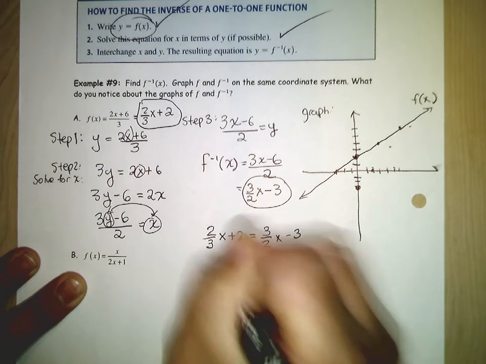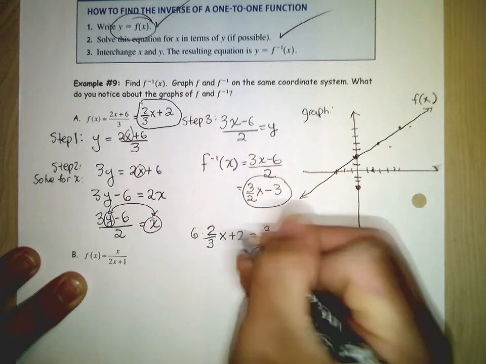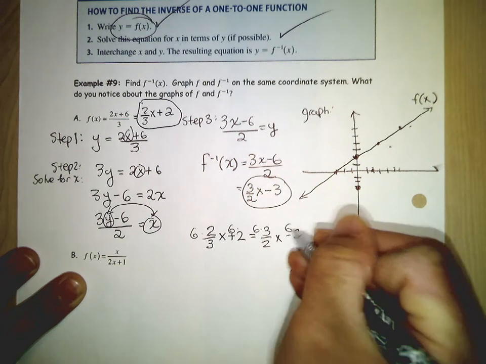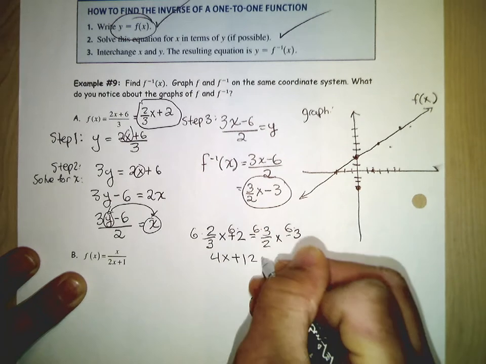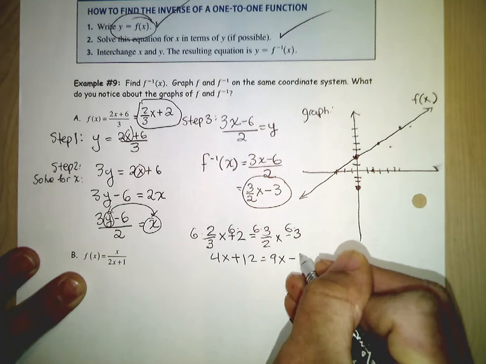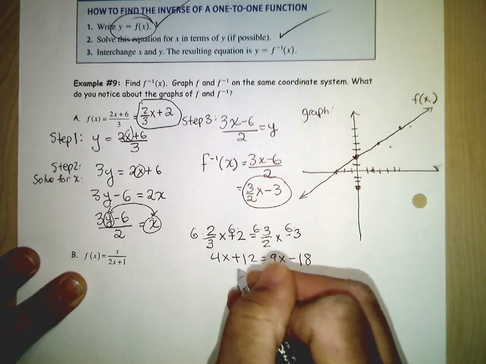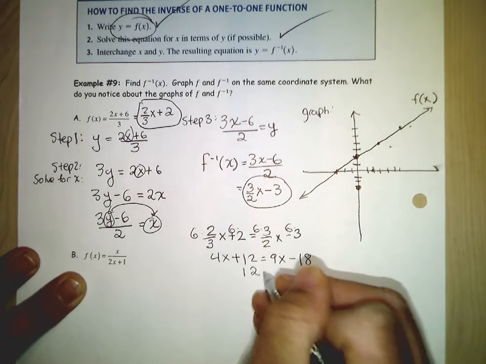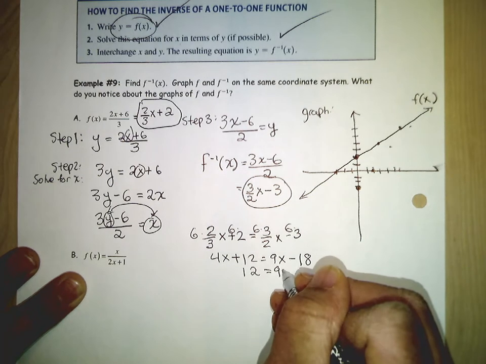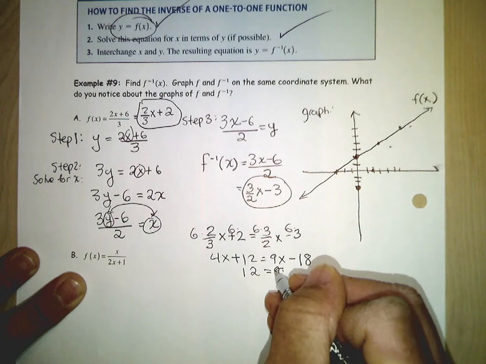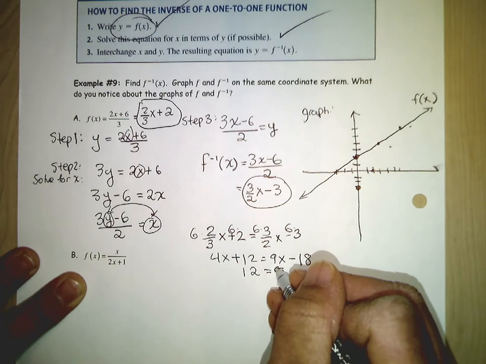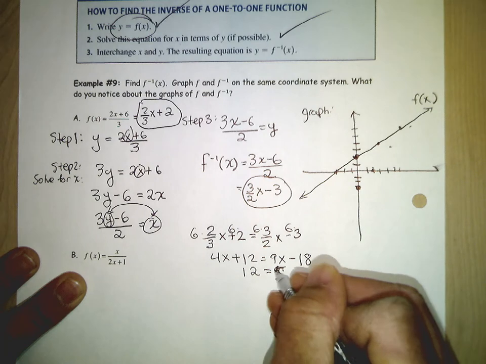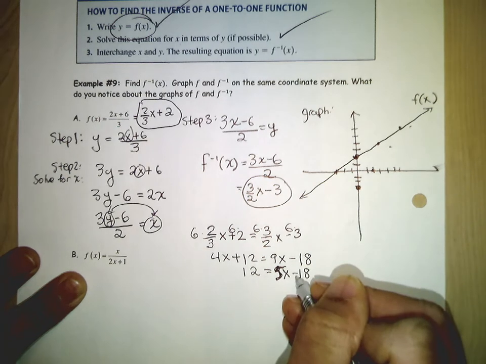Then I'll clear the fractions by multiplying by 6 to get 4x plus 12 equals 9x minus 18. Then subtract the 4x to get 12 is 5x minus 18.